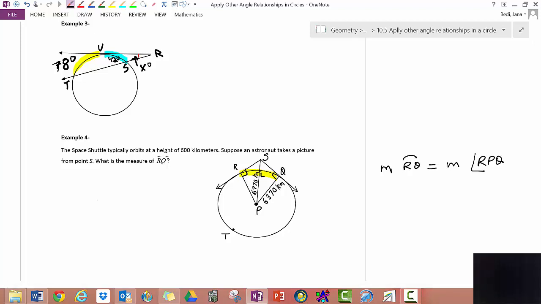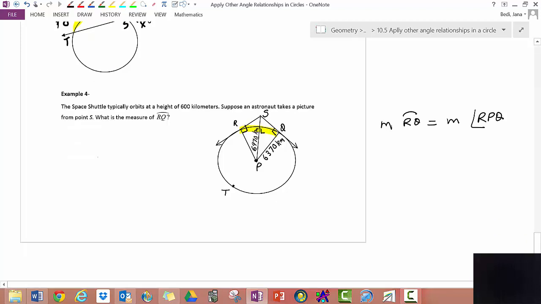Well, I am hoping that you are seeing two right triangles, and I think you know two sides of each triangle. So therefore you could find angle RPS or angle SPQ using trigonometry, and then go from there. Okay, good luck with that. I've given you lots of hints.